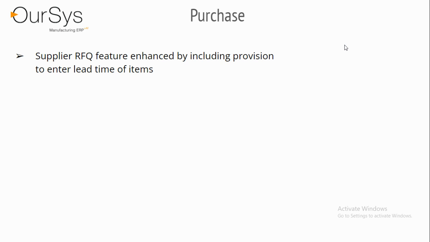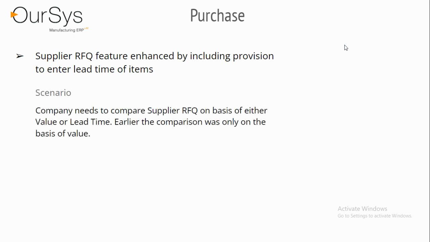The next change we have done is in the purchase, we have added an RFQ. In the purchase RFQ option, we have added a provision to compare by a new comparison level, that is, we can compare by the lead time of the item.